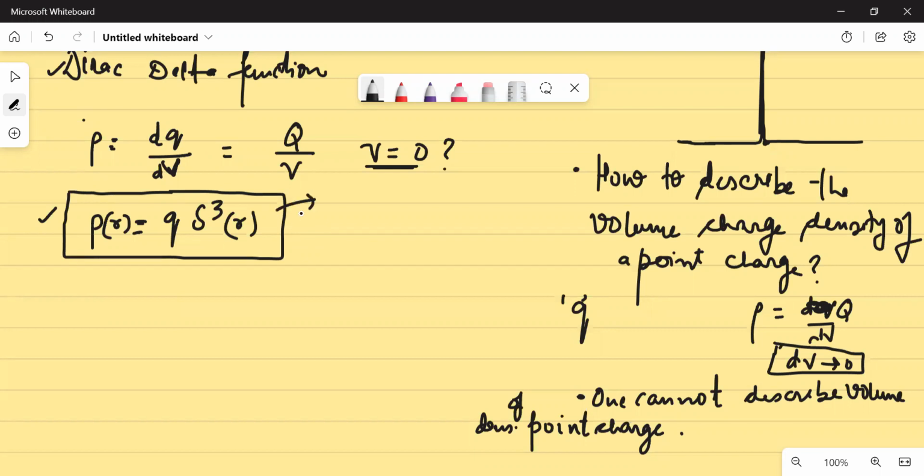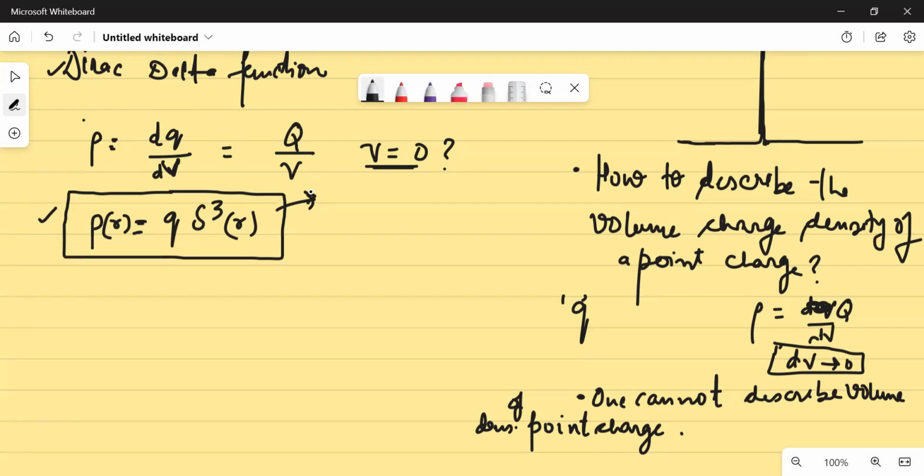So one of the motivations for the Dirac Delta Function is the volume densities of point charges and point masses. In all of these cases, you can expect the Dirac Delta Function to take a significant role.